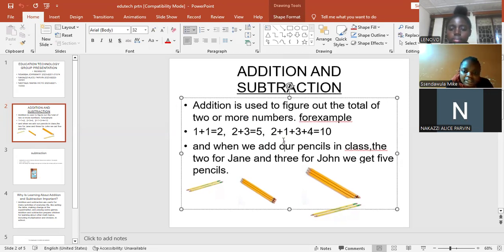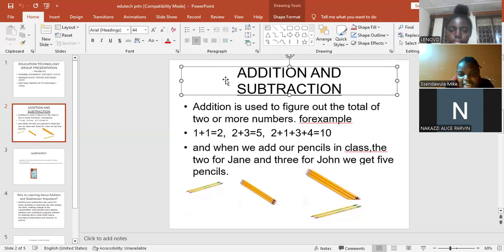Yes, I can see it. Can you read for me what you can see? I can see addition and subtraction. All right, so what do you understand by addition? Addition is the process of calculating the total of 2 or more numbers.